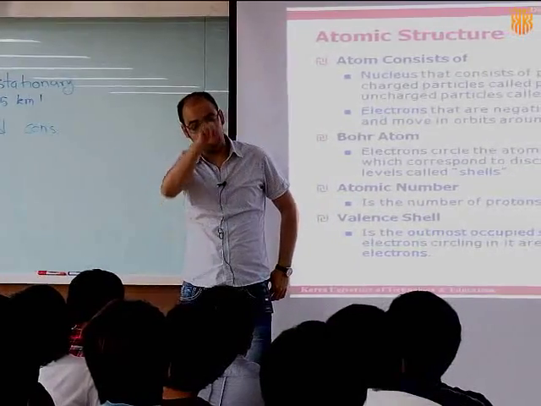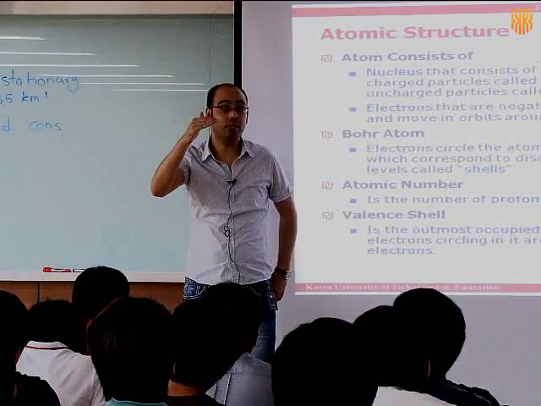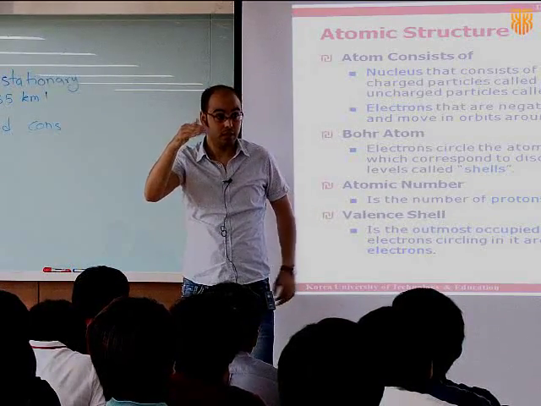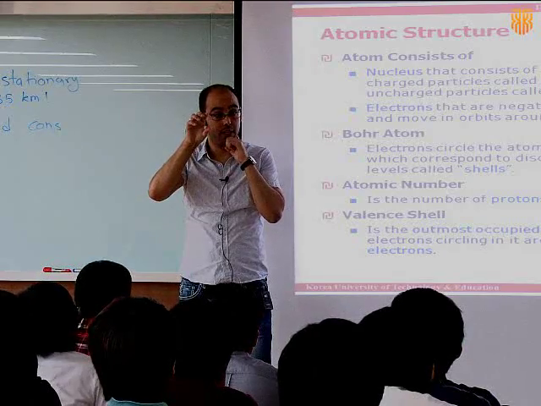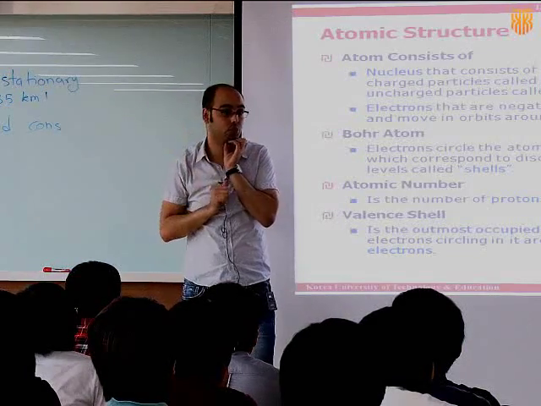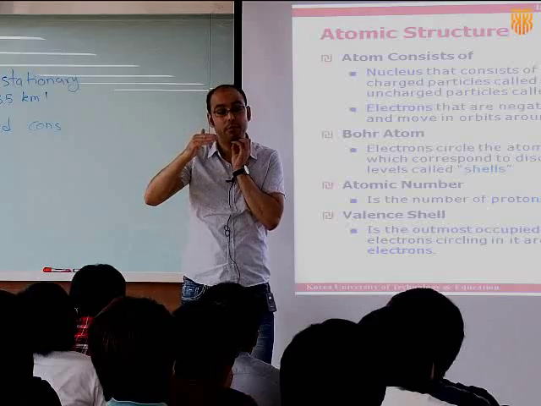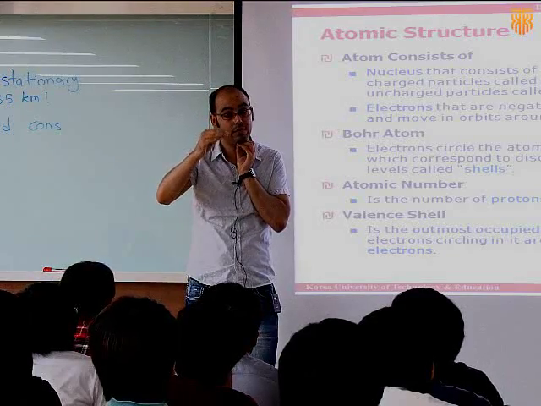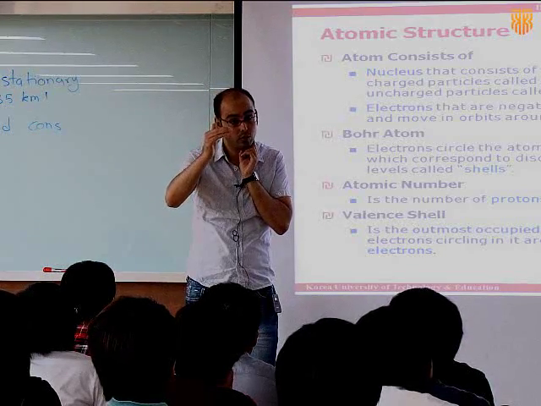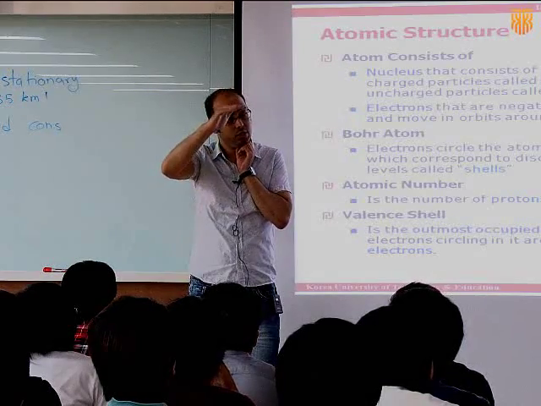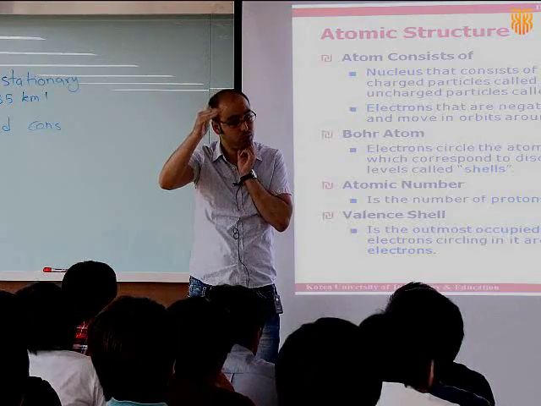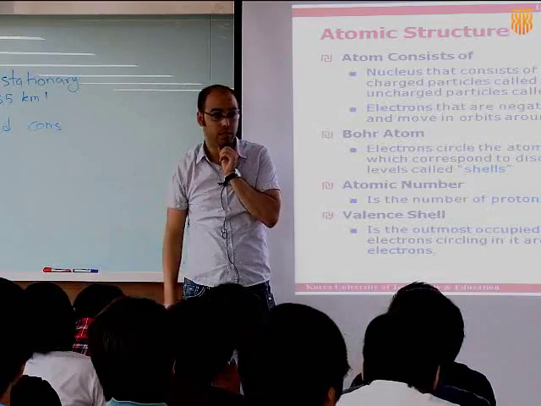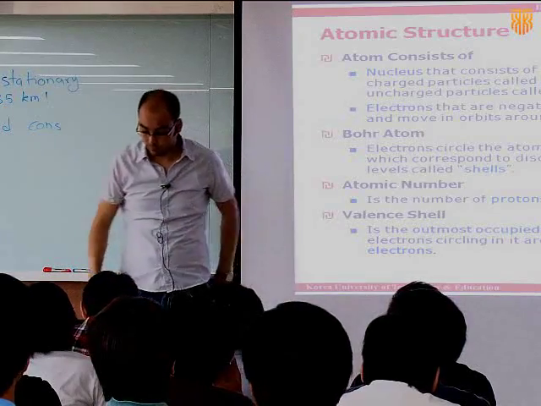We have several shells, okay? In each shell, the electrons have a certain energy. For example, in shell number 1, electrons have energy 1. In shell number 2, they have energy 2, and 3 and 4. Different.